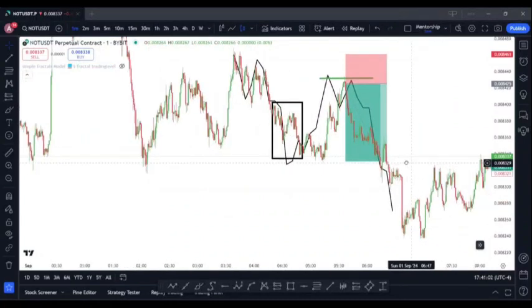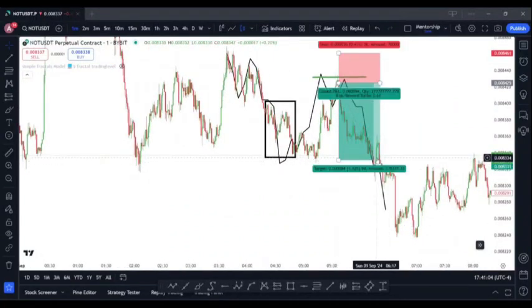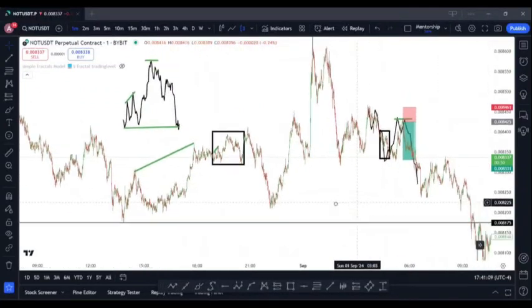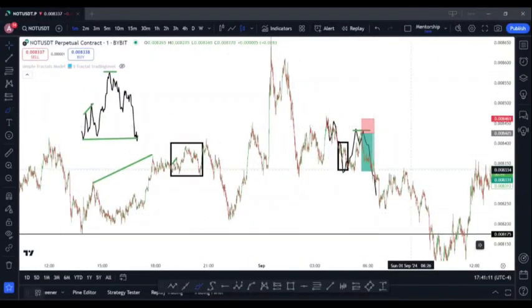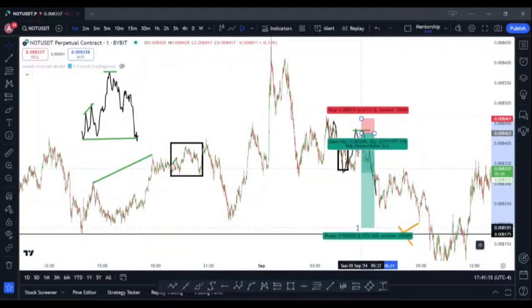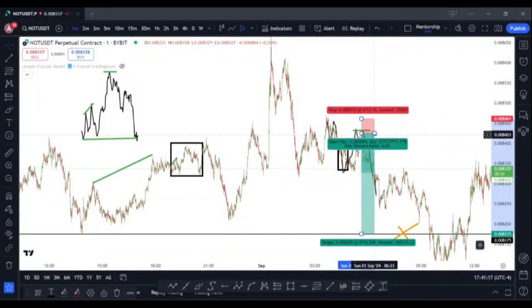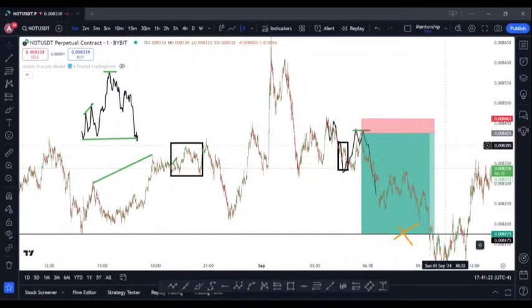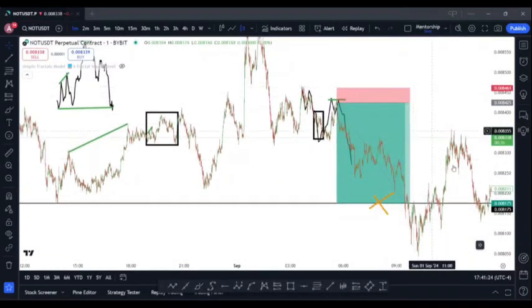But right here, I will not just put this take profit, because I already have an idea that the price will go and break this low right here. So my take profit will be exactly right here, and now I have a 6.9, or almost 7, risk to reward ratio trade.